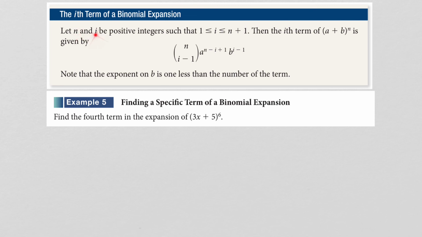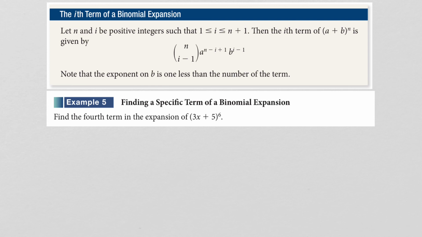So if n and i are positive integers, the ith term of a plus b to the n power is given by this formula. So it's n choose i minus 1, and then it's a to the n minus i plus 1 times b to the i minus 1. All right, so I know this is kind of a lot to keep track of here, but let's do an example.